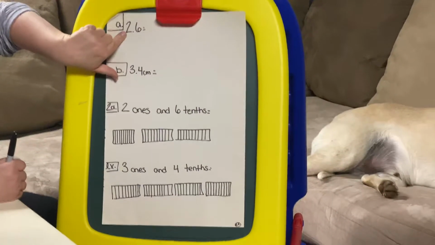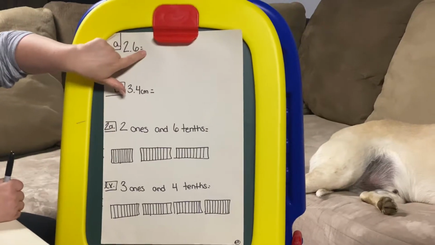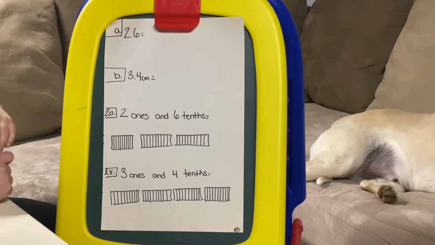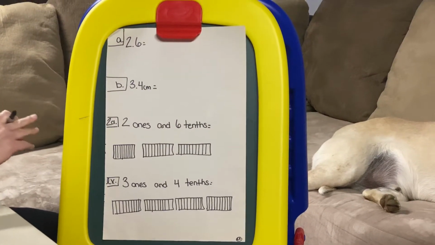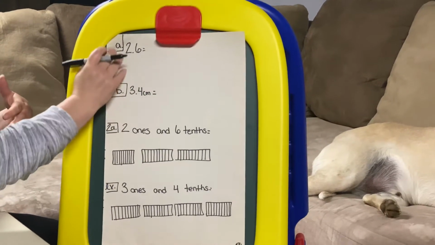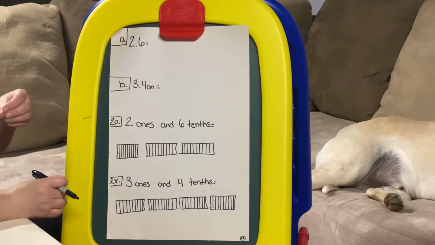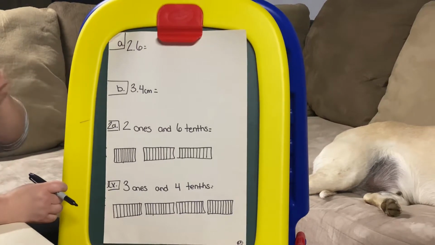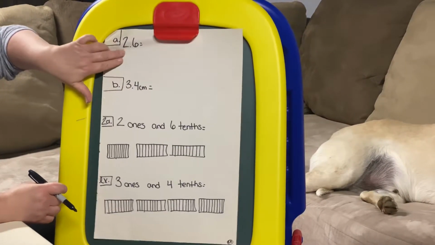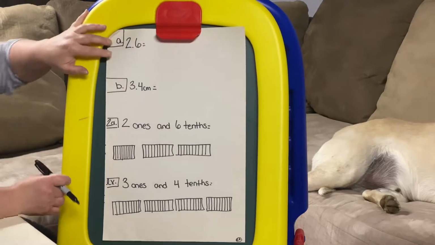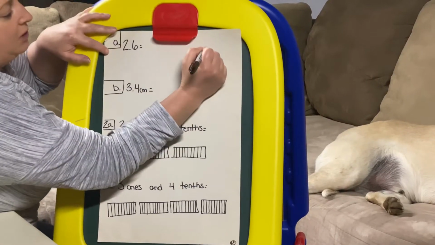They gave us 2.6 equals, and they want us to show it as a mixed number. If we remember back to fractions, a mixed number is a whole number with a fraction. So if they give us 2.6, we're going to remember our place value chart.